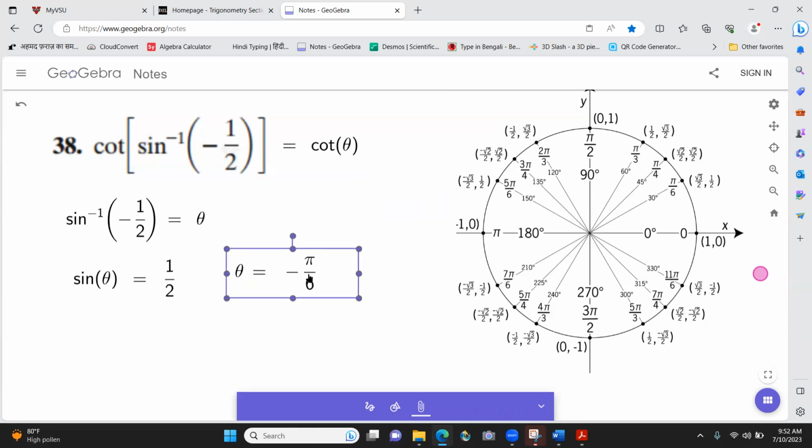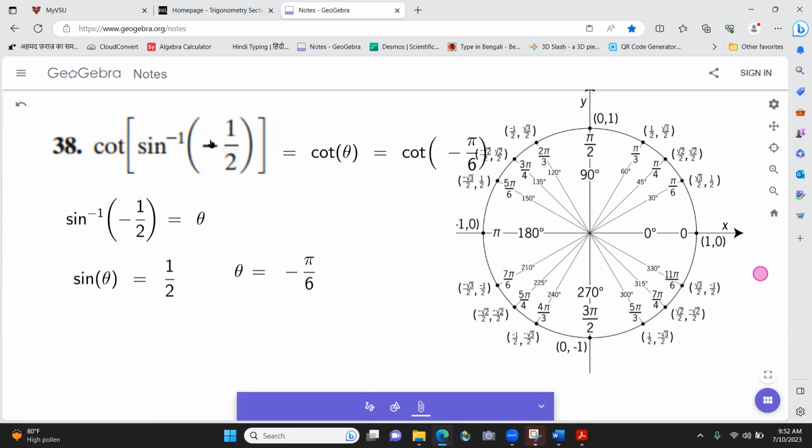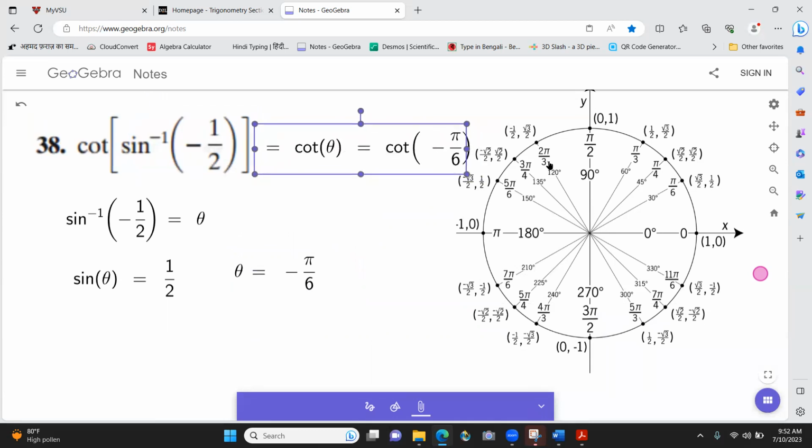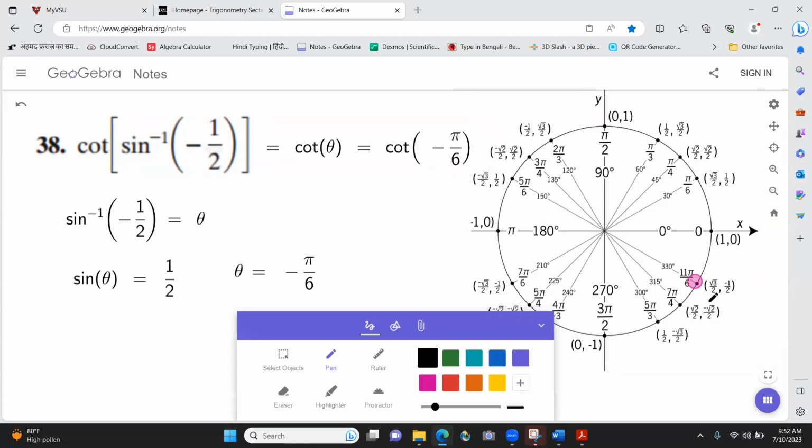So now you know what theta is, you go back, and don't forget the minus. No big deal, we can find it, and we have done this in one of the sections. Basically, all you're doing, guys, is finding the cotangent value for this point.